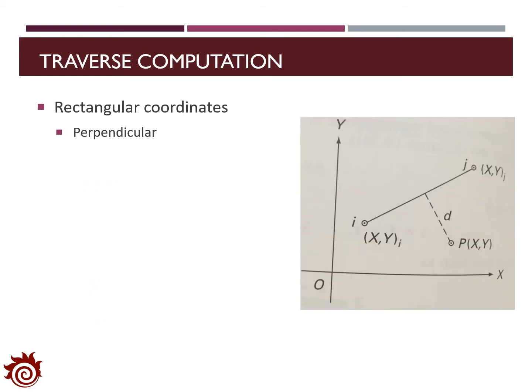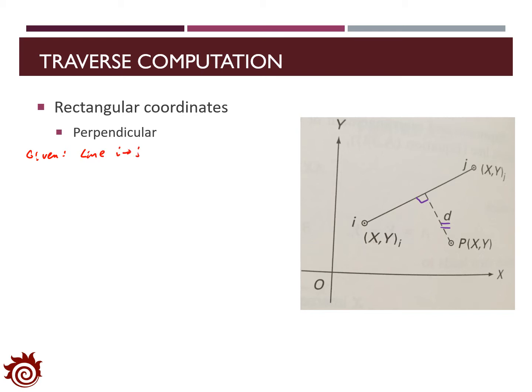We can also use the coordinates to calculate the distance from one point to a line, which is also the perpendicular distance from the point to a line. In the figure here, the distance from the point to the line is shown as the value of little d, and the dashed line should be perpendicular to the line of i to j. So we want to know what's the value of d. In this kind of problem, we are given the line from i to j.